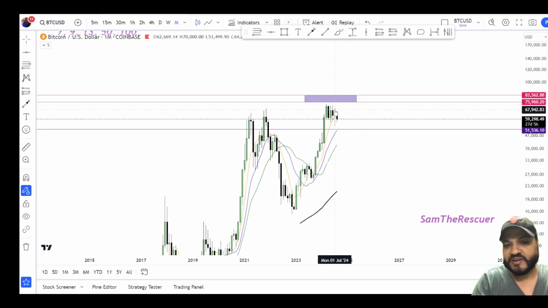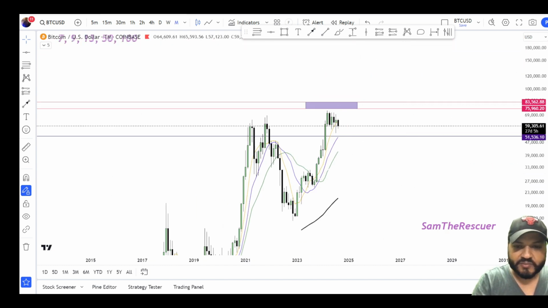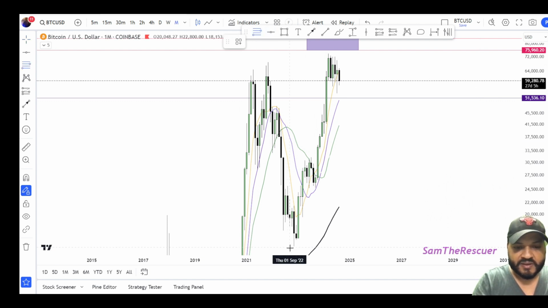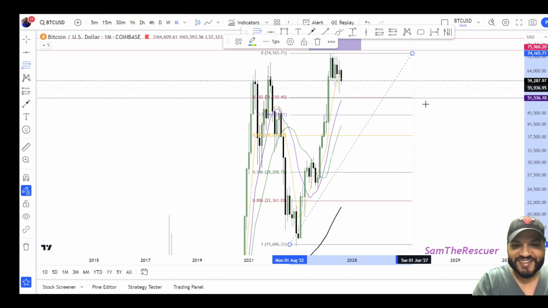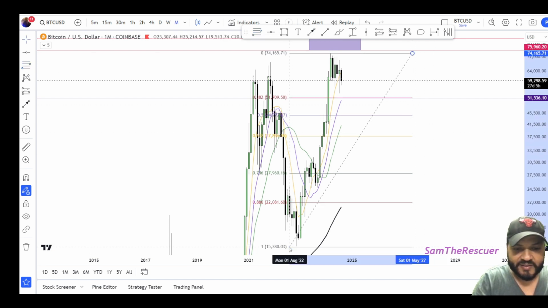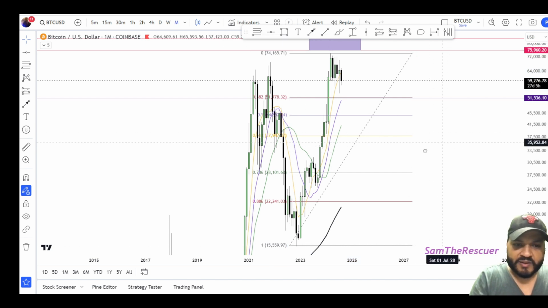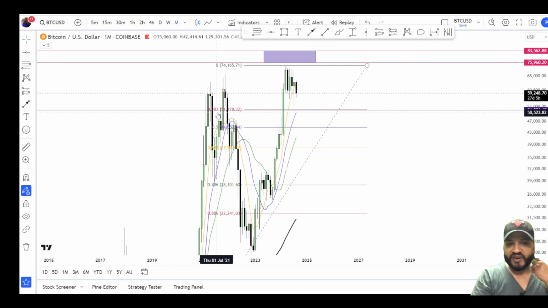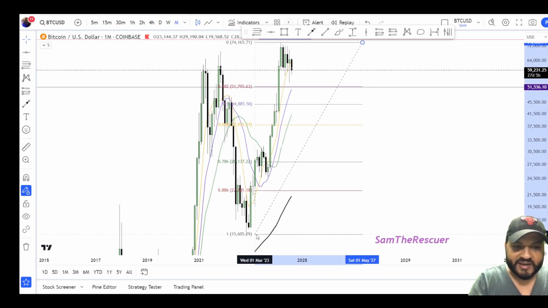This is the zone where it was supposed to touch, and it didn't even come close. So let me give you a proper analysis for this. Here we are, and what we can see is that we haven't come down and touched 38.2. The 38.2% level still has to be touched, which is not done yet.